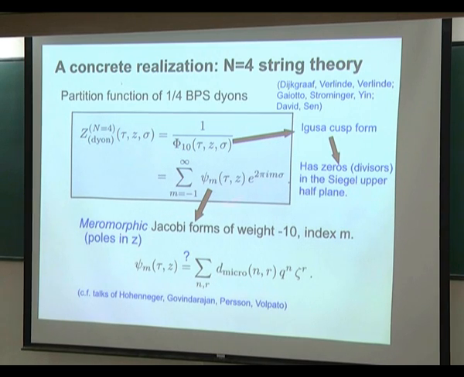Meromorphic means now it has poles in z. So the question for ourselves is what is the Fourier expansion? Can we write such a Fourier expansion? As we all know, for meromorphic functions, there's an issue with writing a Fourier expansion. This kind of Siegel functions and meromorphic Jacobi forms will appear in other talks, I think.